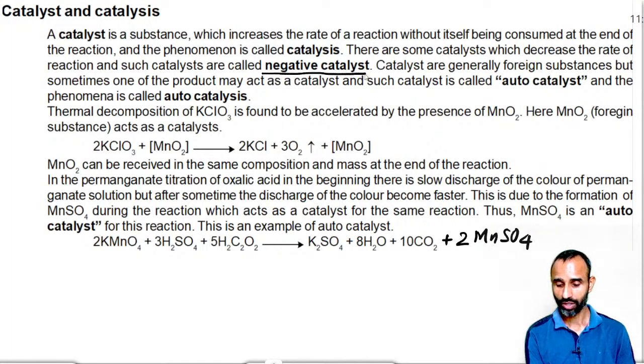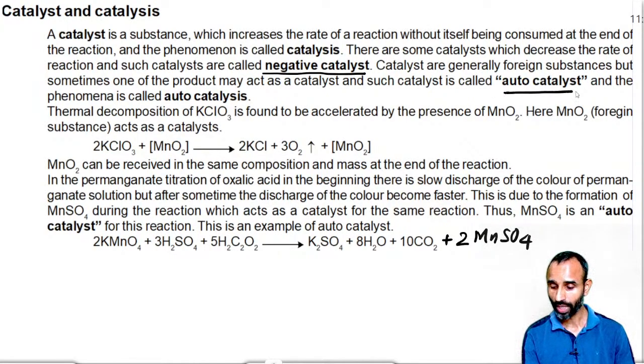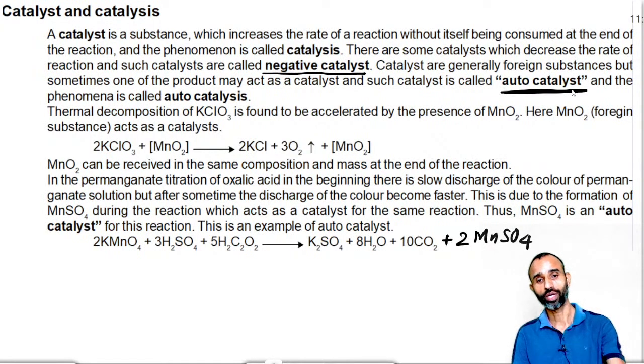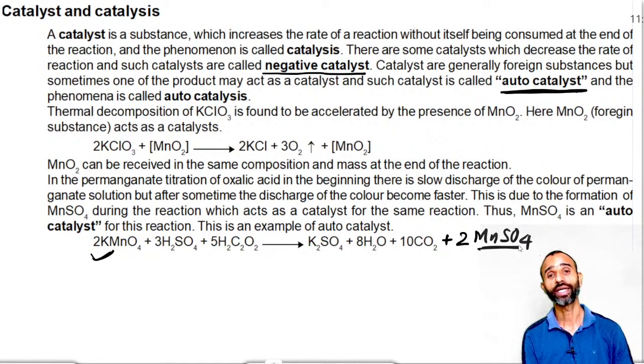Negative catalyst means it will decrease the rate of reaction, and autocatalyst means one of the products formed acts as a catalyst. For example, we have this reaction. Here MnSO4 formed during the reaction acts as a catalyst. This process is called autocatalysis.